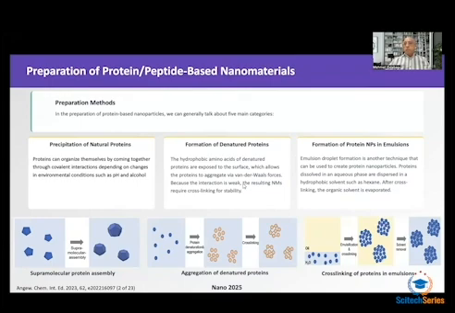The third one is formation of protein nanoparticles in emulsions. In this technique, emulsion droplet formation creates protein nanoparticles by dispersing proteins in a hydrophobic solvent and evaporating the solvent after cross-linking.